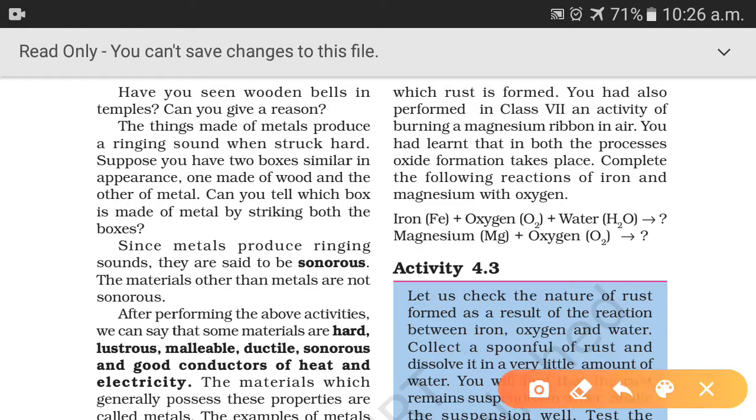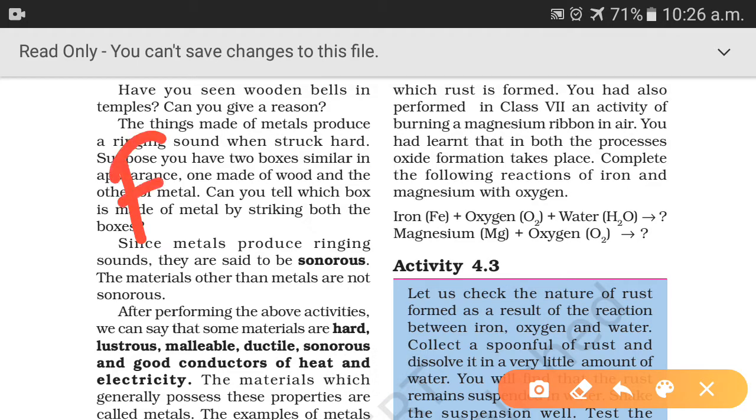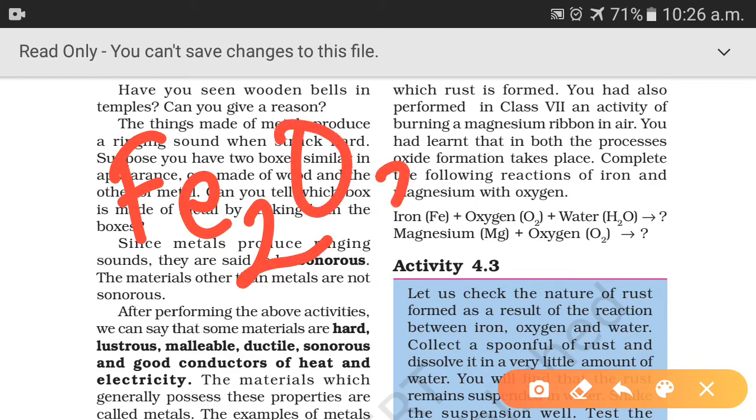So see, first reaction. Iron is a metal and magnesium is also a metal. So here we will discuss the first reaction first. When iron comes in contact with oxygen and moisture, it forms rust, Fe2O3. This is ferric oxide.